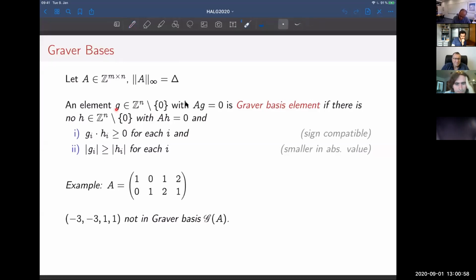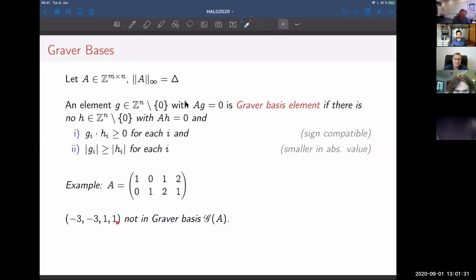A Graver basis element is an integer element from the kernel, non-equal to 0, and there exists no other element from the kernel unequal to 0 which is sign compatible, and the absolute value of the components of Gi are greater or equal to the absolute value of the components of Hi. So, for example, let's look at this matrix here, and let's look at this element from the kernel, right? You see we have -3, 1, 1 here.